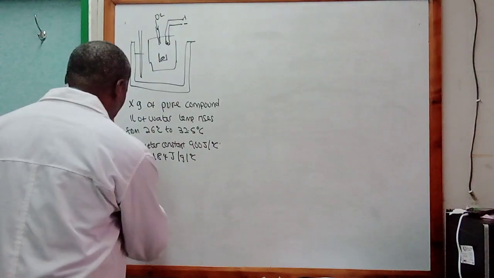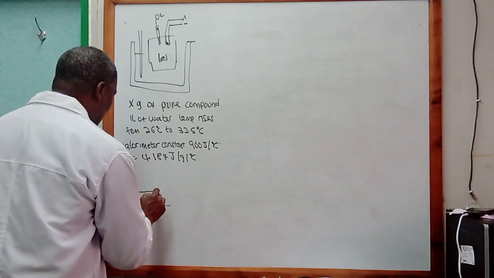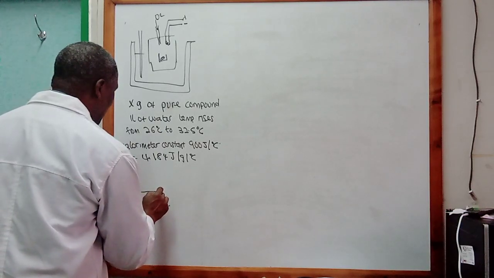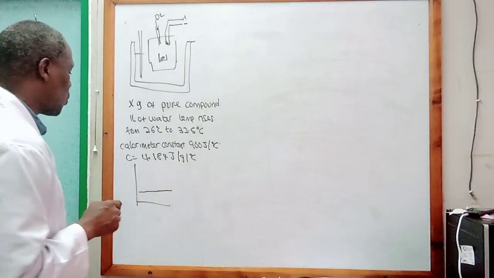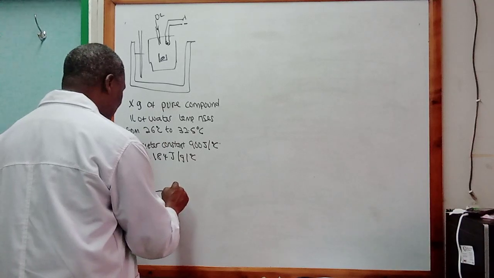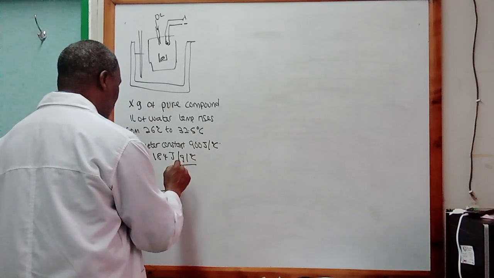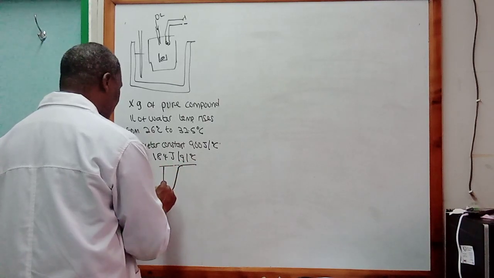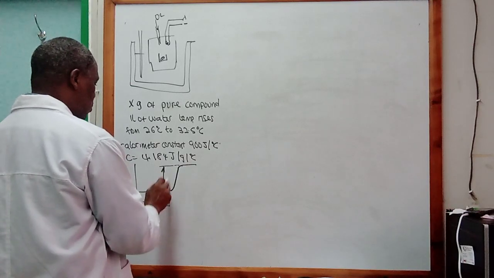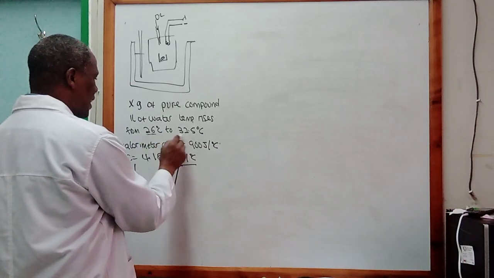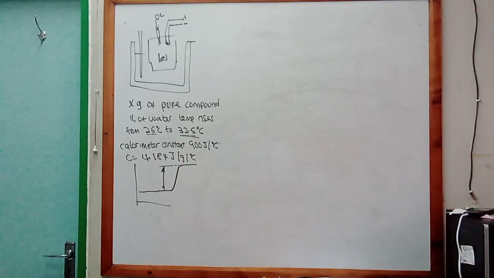What usually happens is that you plot a graph, ensuring that before you ignite, the temperature is stable. Then when you ignite, there is an increase in temperature until it cannot increase anymore, and you get a flattening here. So this range, from when it was stable to when it is rising, is the rise in temperature, and that's what you record.